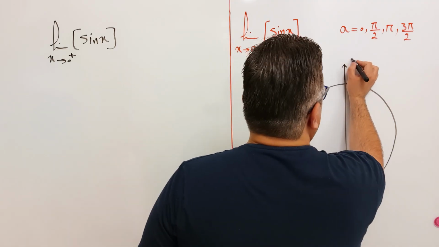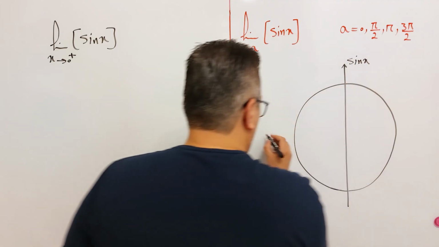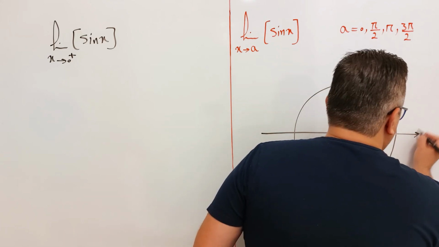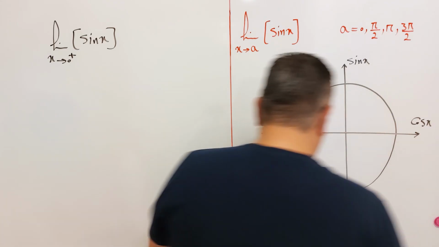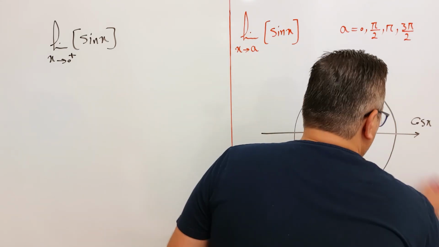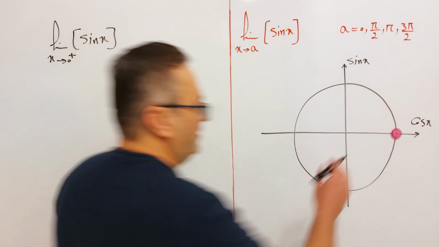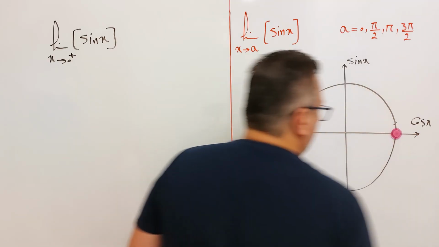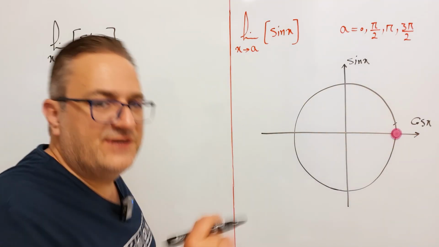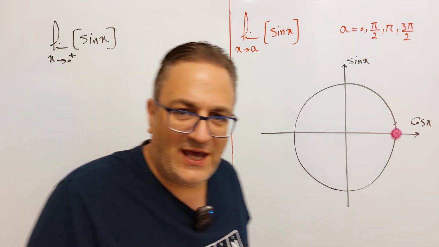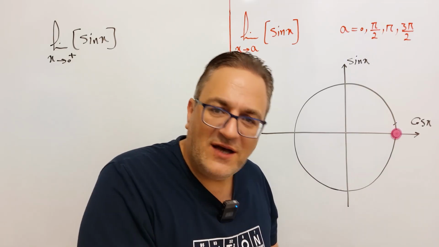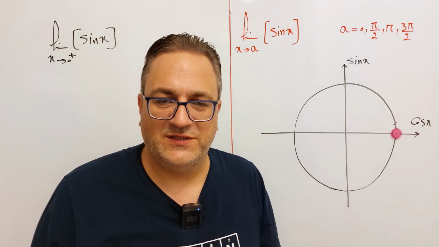This axis is the sine axis and this axis is the cosine axis, and here is 0 degrees, and here is 1 degree in the first quadrant, and we know that sine is positive in the first quadrant.